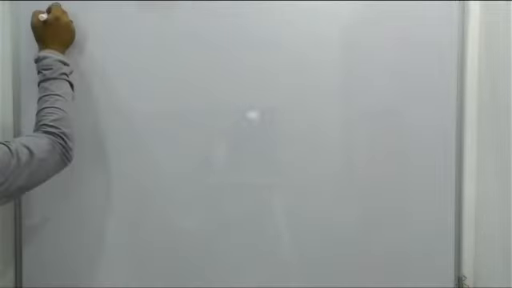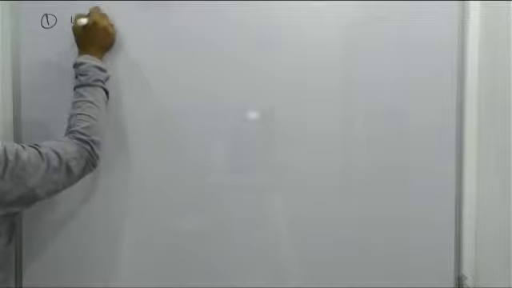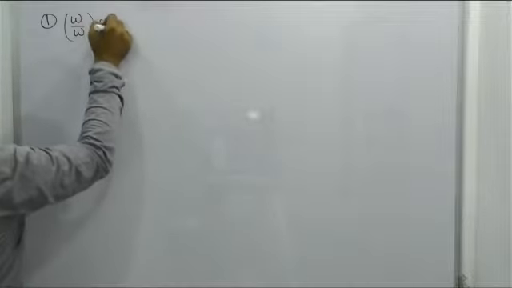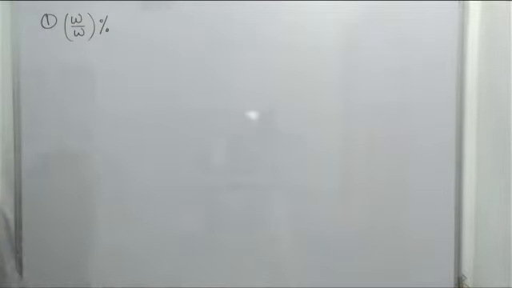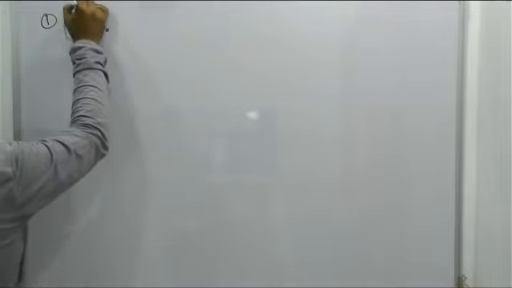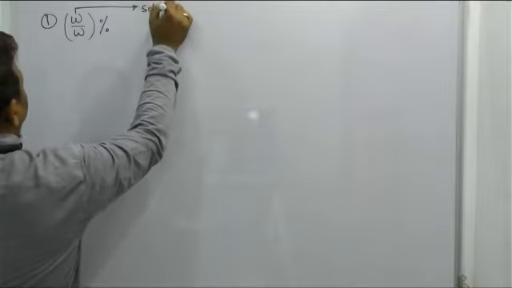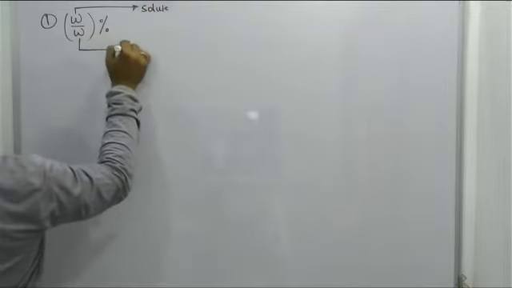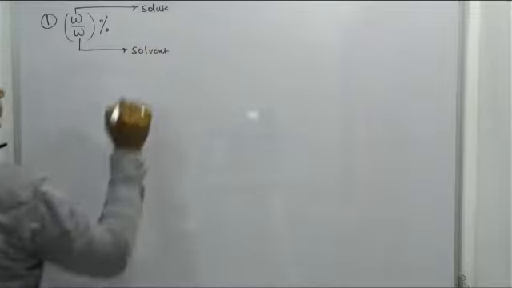The first one we are going to learn is weight by weight percentage. See, beta, in weight by weight percentage, I will explain. This term is called the solute, and this term is called the solvent.